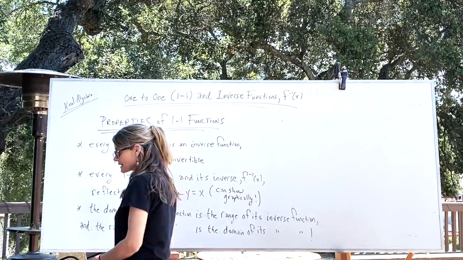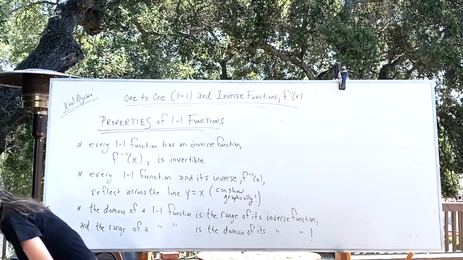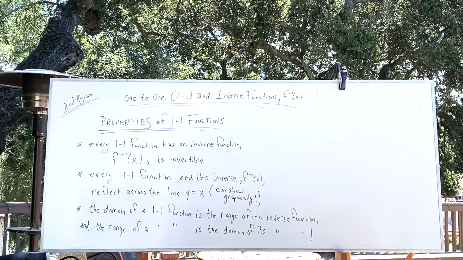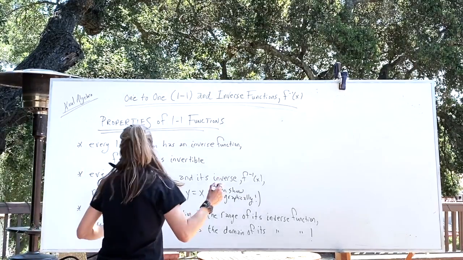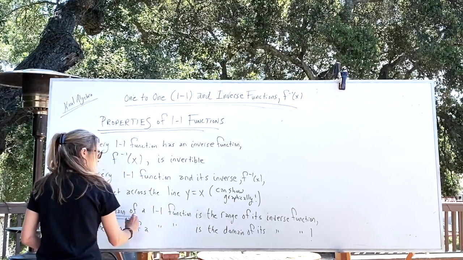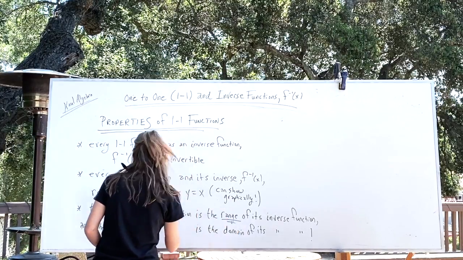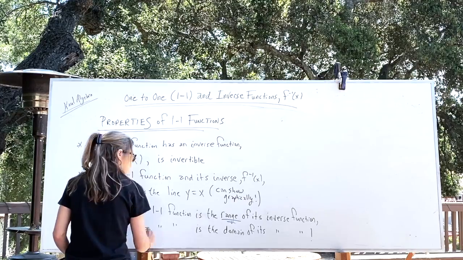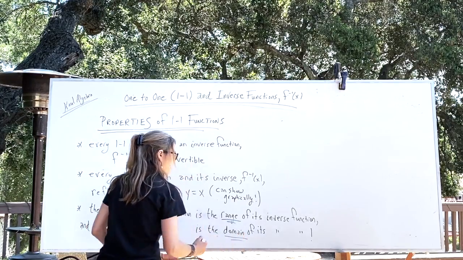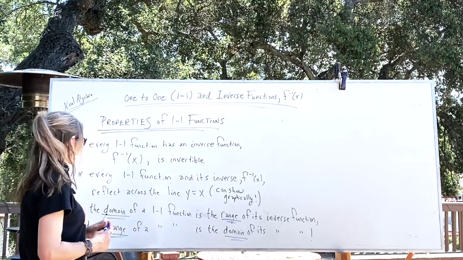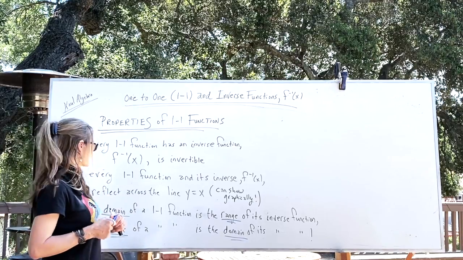Okay, and this is a really handy trick to use. So what you want to think of is the domain becomes the range, and the range becomes the domain of the other. There's a nice relationship between the original one-to-one function and its inverse.